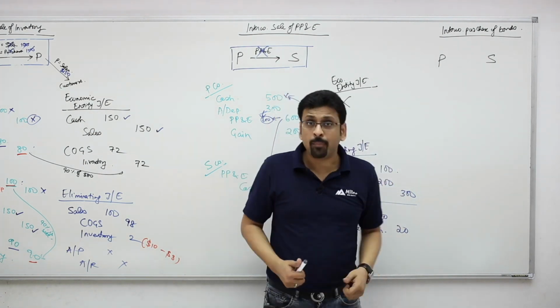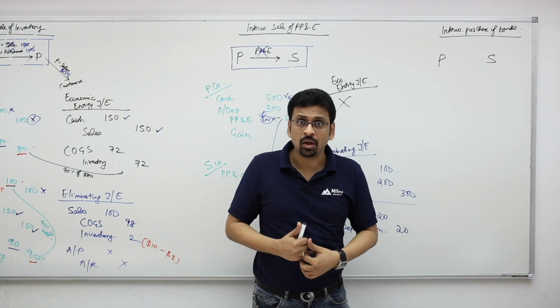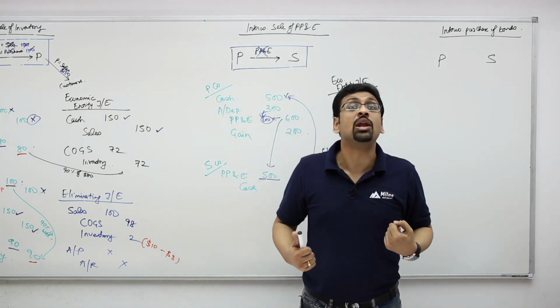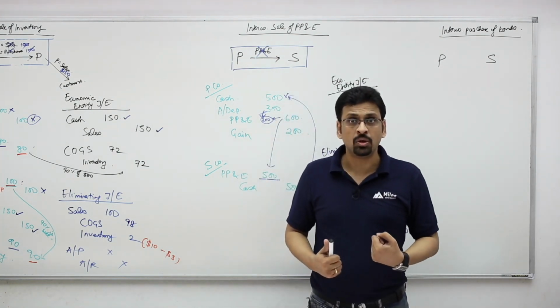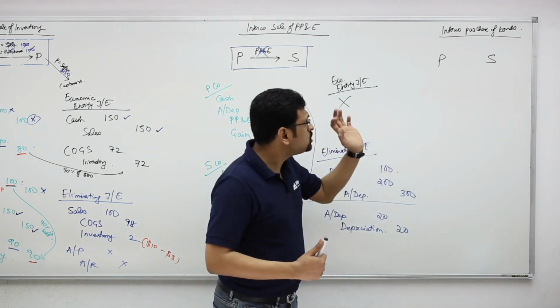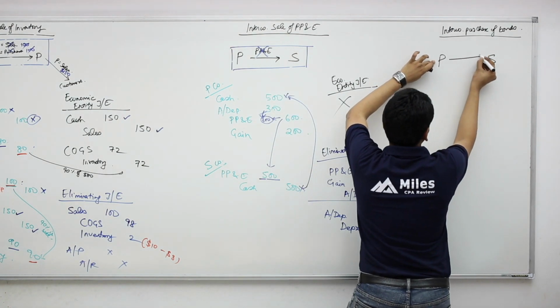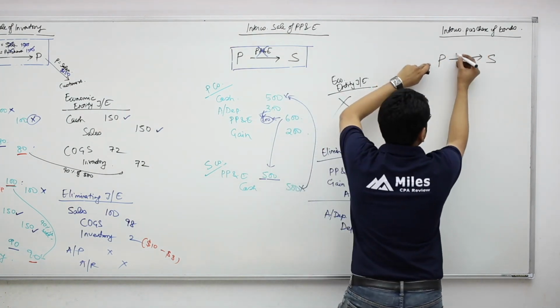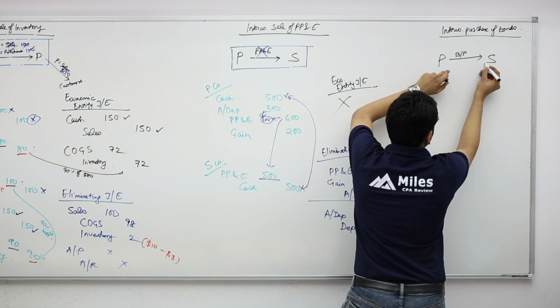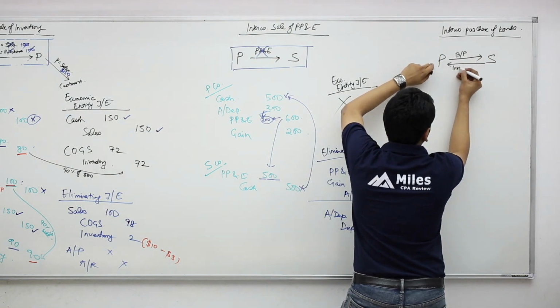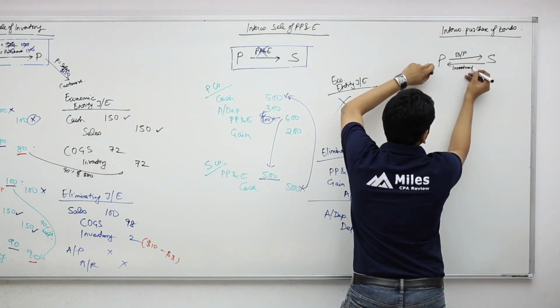So the parent on their books still have bonds payable. The subsidiary has investment in bonds. But now the bonds which the subsidiary owns, it's something like the parent has bonds payable to the subsidiary and the subsidiary has investment in the parent's bonds.